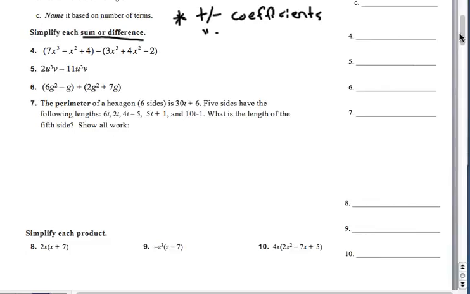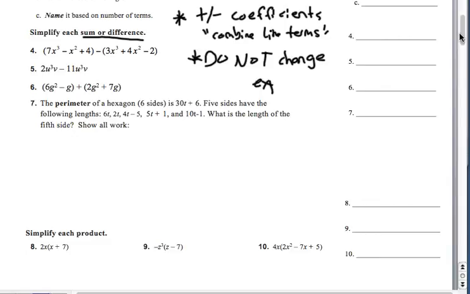So basically, combine like terms. And that means do not change the exponents. At this stage of the game, we're not changing the exponents. All we're doing is combining like terms, adding and subtracting the coefficients.